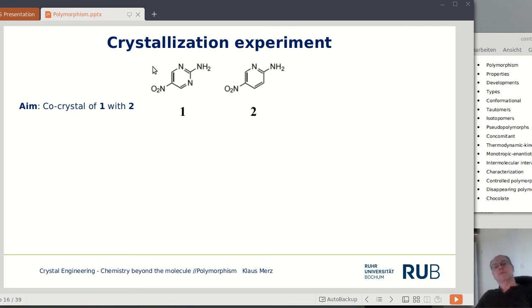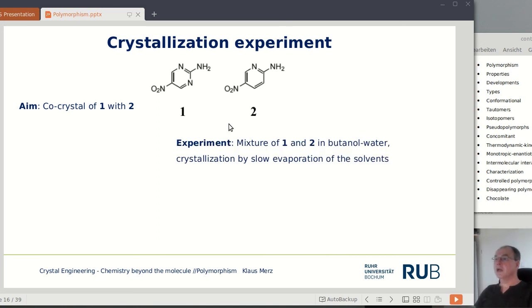We see we have comparable backbones and comparable substituents. The difference is only that in this case there is one nitrogen in the backbone, and in this case we have two nitrogens in the backbone. What I did in the crystallization experiment was take a mixture of both compounds, dissolved in butanol-water solvents, and crystallize by slow evaporation.